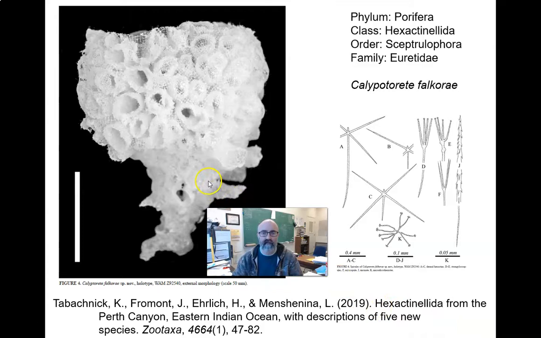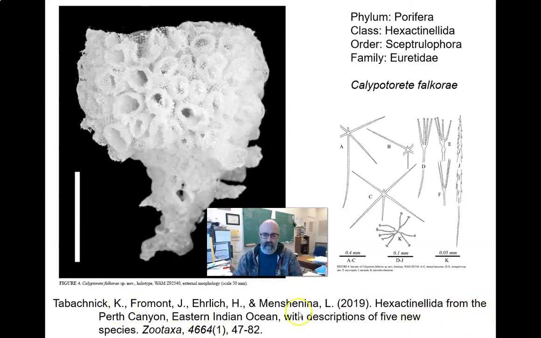New species are being defined. Also, get you guys comfortable with looking at citations of journal articles. So here are the authors: Tabachnik, Fromont, Ehrlich, Menshaniana, right? Published 2019 in the journal Zootaxa.